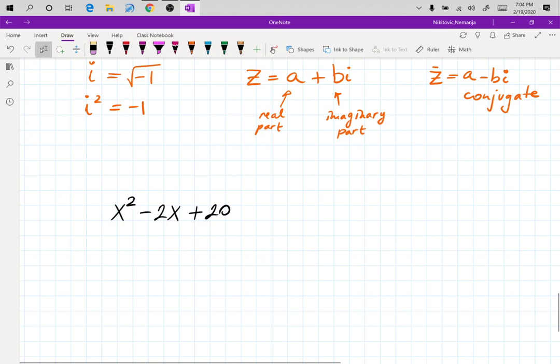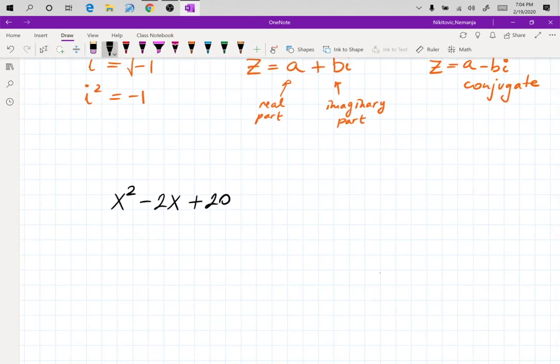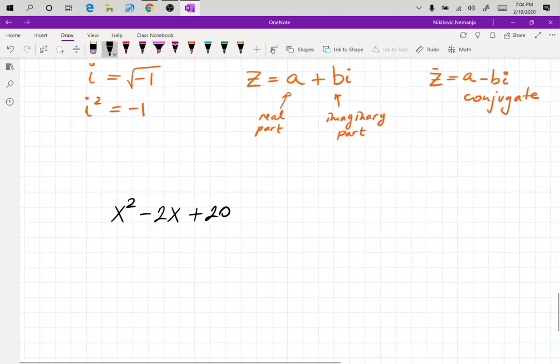I hope this will be enough. Let's try. So we want roots. We want it equal to 0, and we want to solve it. So the way you would do this is you would use your quadratic formula.